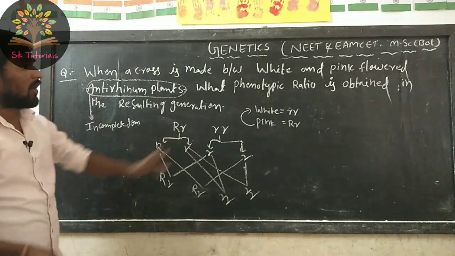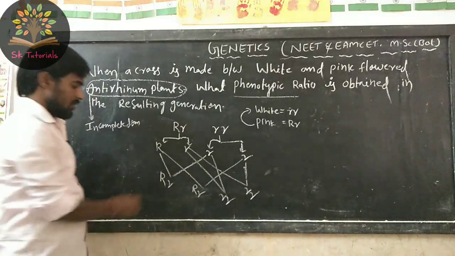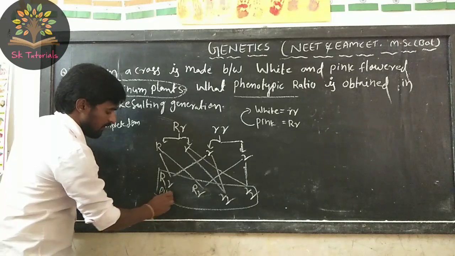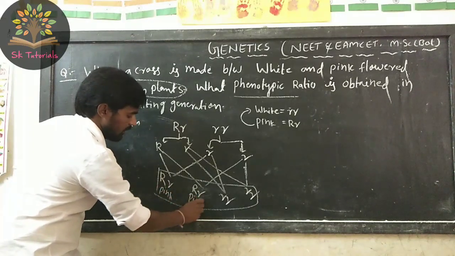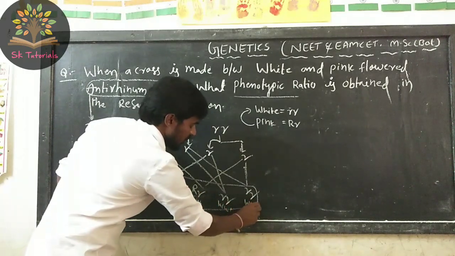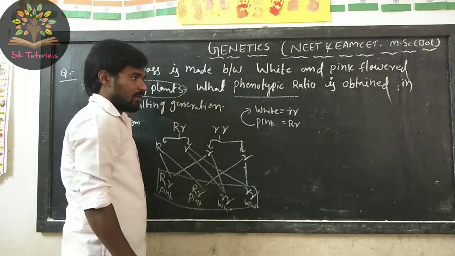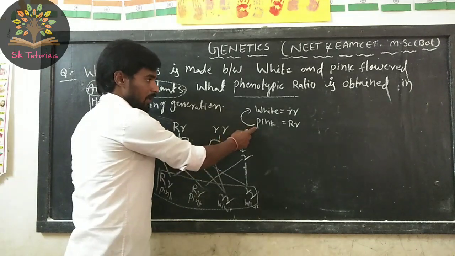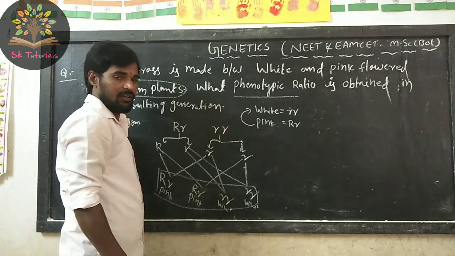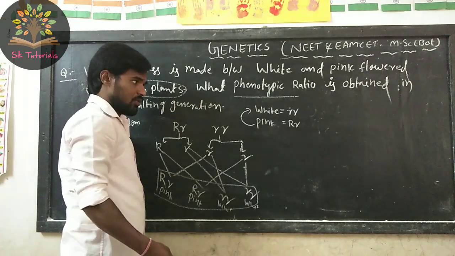What did he ask here? What phenotypic ratio is obtained in the resulting generation? These are the F2 generation. Here, this is pink, capital R small r. This is pink, capital R small r. This is white, small r. This is white, small r. Here, there is no red. When the pink is crossed with the white color antirrhinum plant, red color flowers are not produced in the next generation.